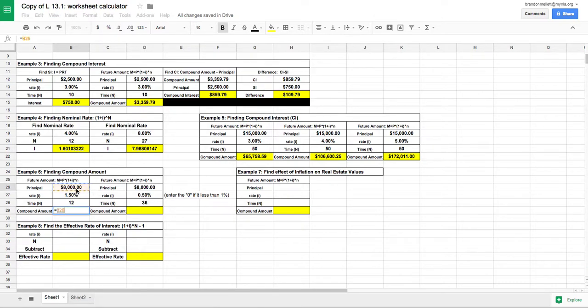So we have principal times parentheses 1 plus I exponent n. And the other one is principal 1 plus I exponent n. All right, so as we can see here, we have the same amount of principal, the same amount of time.